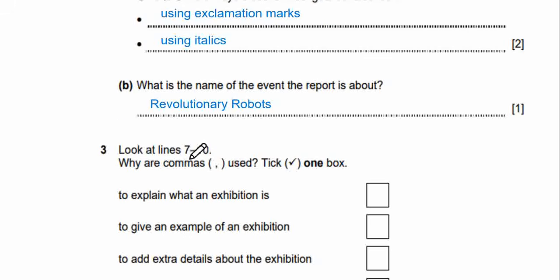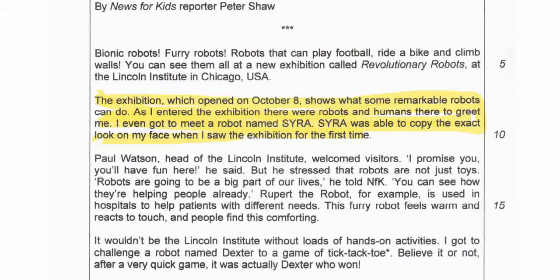Let's check lines 7 to 10. The commas are in here: the exhibition, which opened on October 8, and shows what some remarkable robots can do. So there are 2 commas.